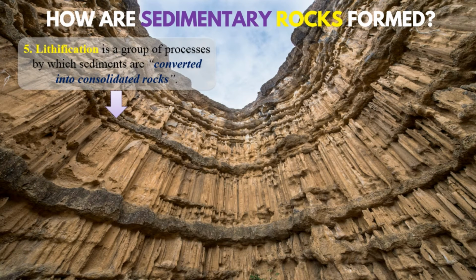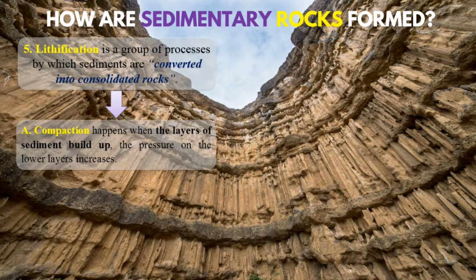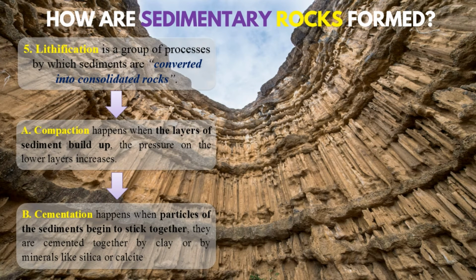This process involves two other processes. The first one is compaction, which happens when the layers of sediment build up. The pressure on the lower layers increases over time. And then the last process in the lithification is cementation. This process happens when particles of sediments begin to stick together. They are cemented together by clay or by minerals like silica or calcite present in that area.